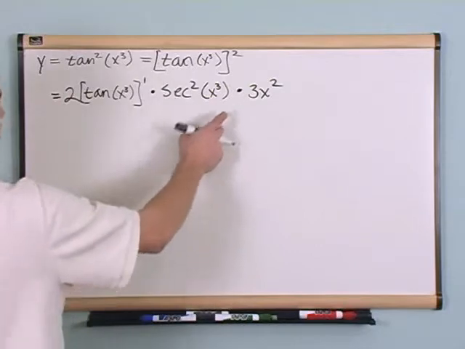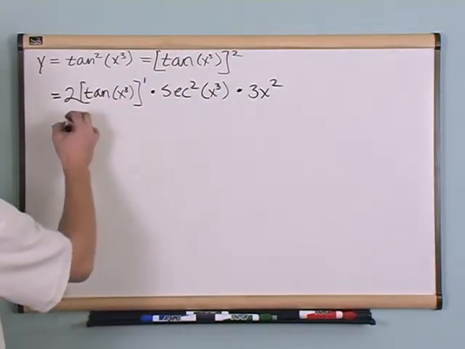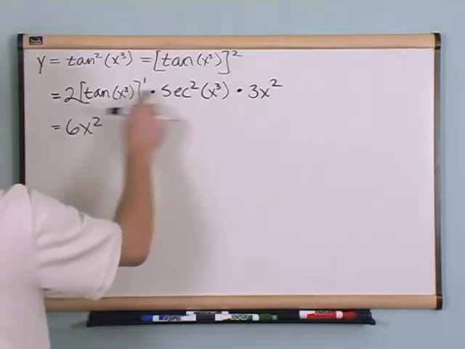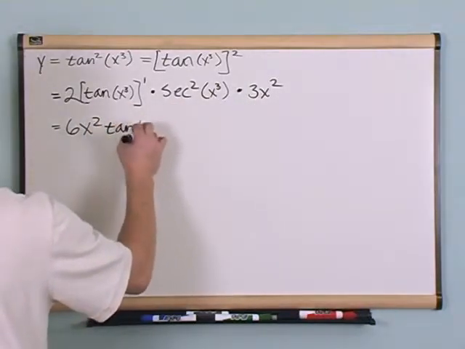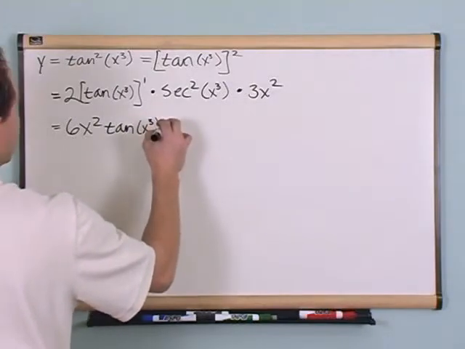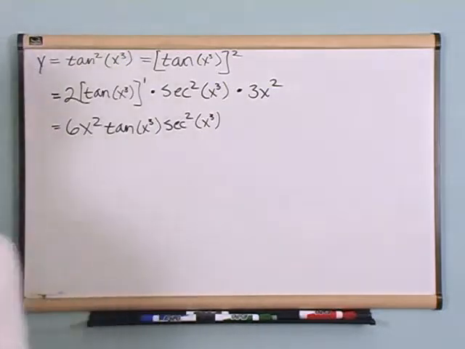You leave the inside alone, and the derivative of the inside gives you that. So in the end, you're going to have 6x squared times tangent of x to the third power times secant squared of x to the third power. And that's going to get you there.